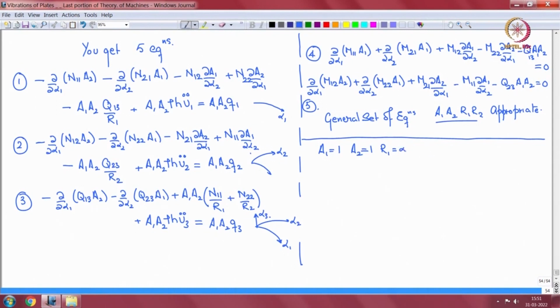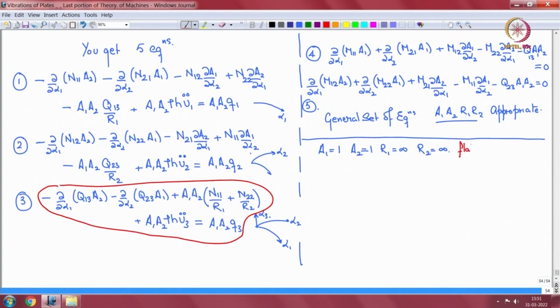R1 is equal to infinity and R2 is equal to infinity. Okay. Then you will see that this equation becomes the equation for a flat rectangular plate.